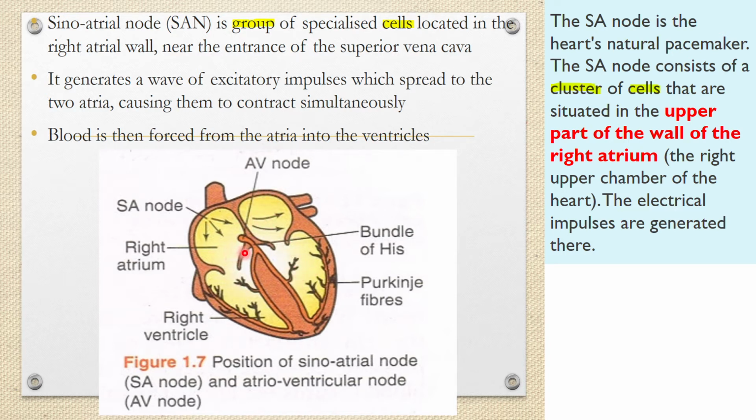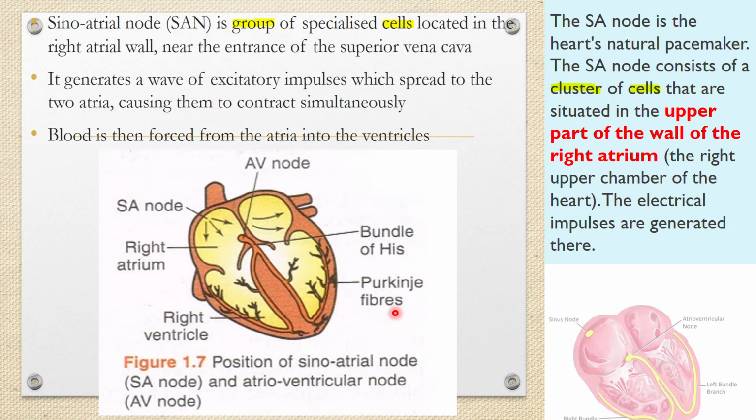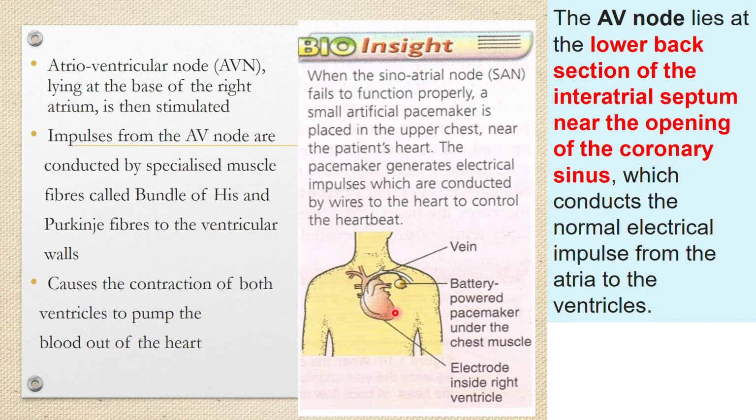Okay, so here we have this AV node with the help of the bundle of His and Purkinje fiber, which will now be spreading the impulse from the SA node.